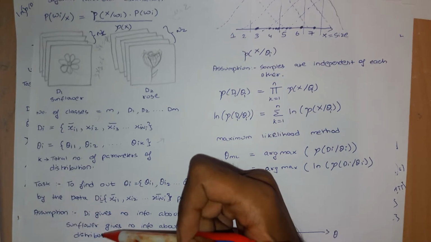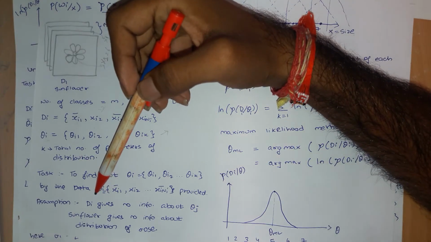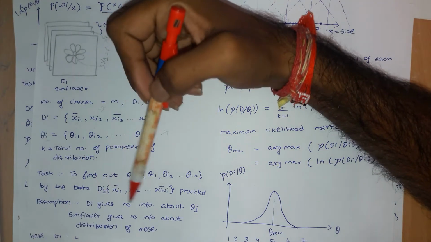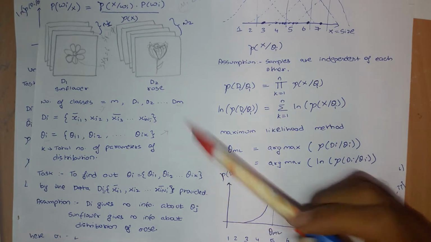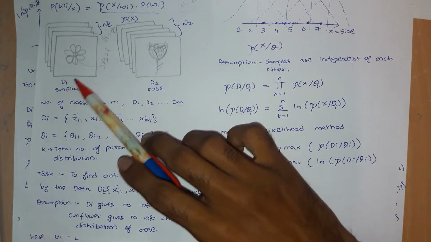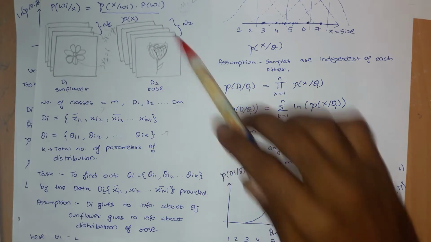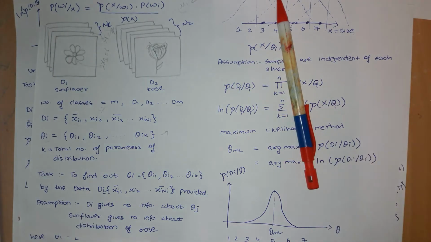Now we'll proceed with some assumptions. One assumption is that di gives no information about theta j. What this says is that the data of sunflower will give no information about the mean of the roses. That is an assumption, and it may or may not be the case.